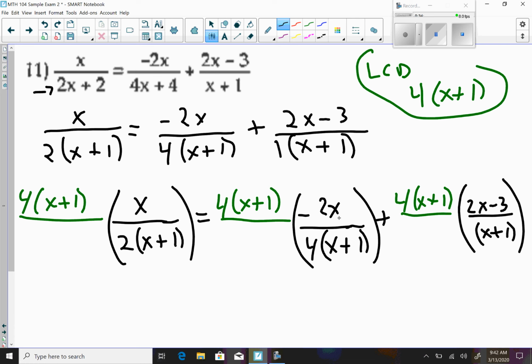So we're just copying the step above, but multiplying each of the given fractions by 4 times x plus 1.